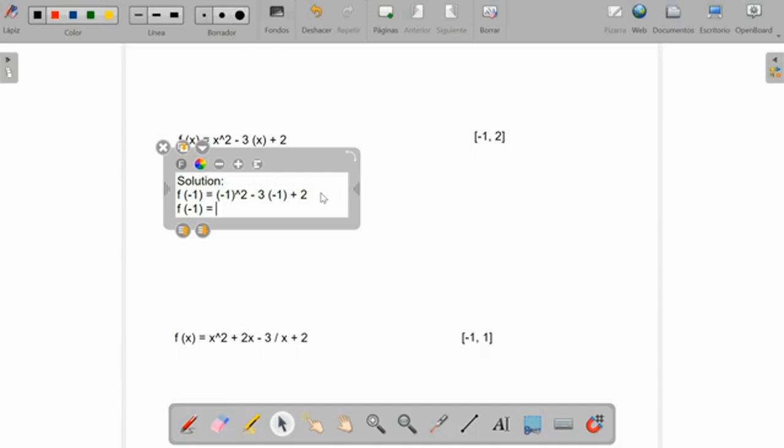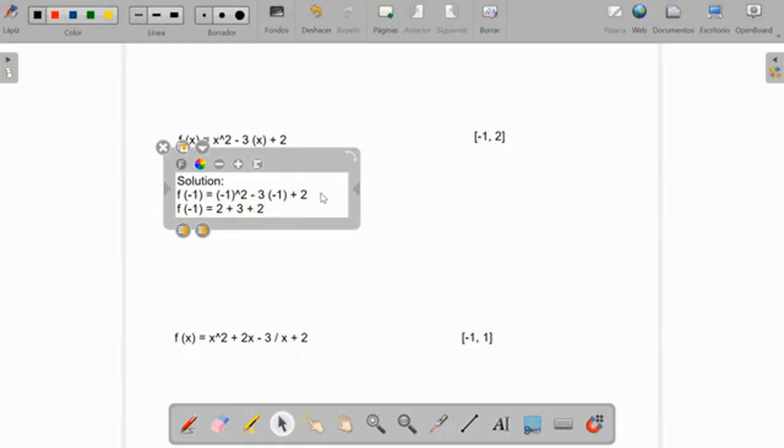That is equal to 2, and it's positive because negative by negative is positive, and then minus 3 by 1 is equal to minus 3 because you have to put the minus sign on here, but actually this is positive because it is minus by minus, plus 2.